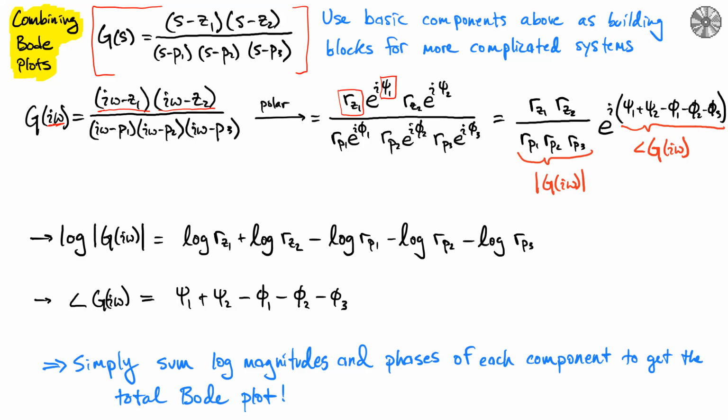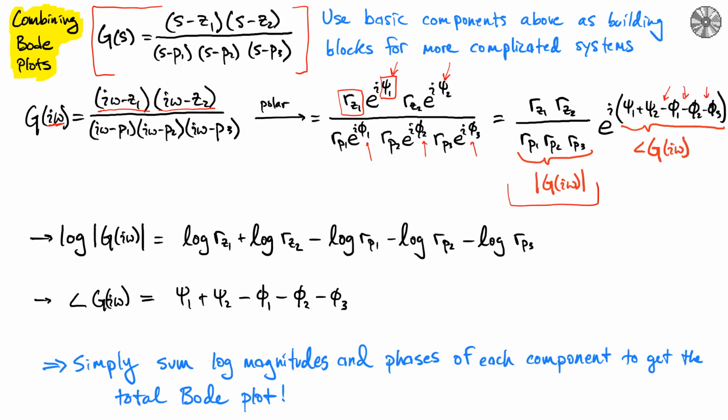And so once we put this in polar form, it's actually easy to factor this out. All of the magnitudes can be combined together into a single term. And then you can combine all of these exponentials in a single term. And notice what happens is the phases of the zeros, because they're in the numerator, keep their positive sign. But the phases of the poles down here, these 5 variables, enter with a minus sign because they appear in the denominator.